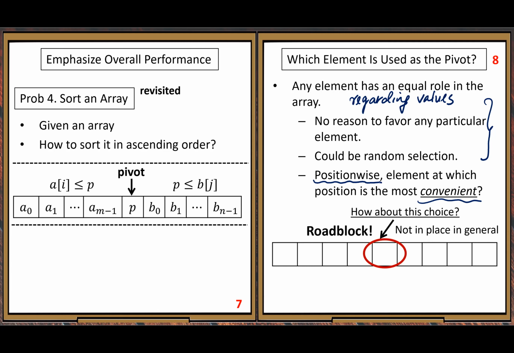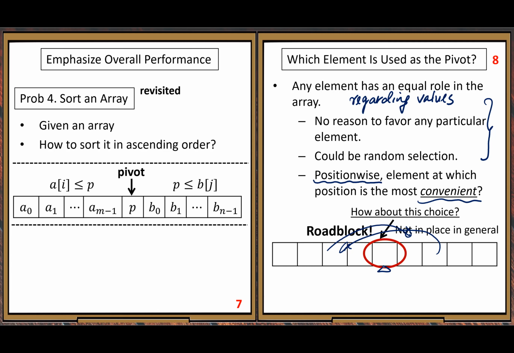Because when you move elements from left to right and from right to left, this position, this location will be the roadblock. You need to do a lot of work to get around this roadblock. Think about that picture.